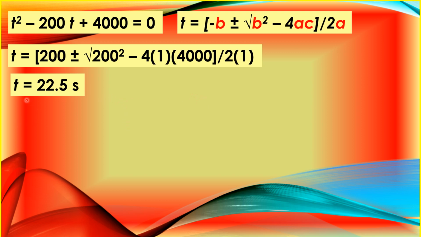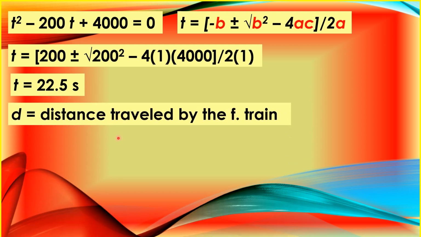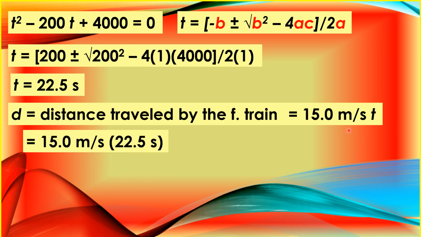So with this computed time elapsed of 22.5 seconds, we can now determine the distance traveled by the freight train, which earlier we said is equal to 15.0 meters per second, the average speed of the freight train, multiplied by the computed time elapsed, and we get the distance traveled by the freight train equal to 338 meters.